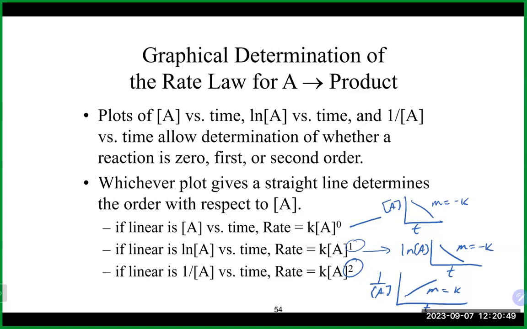You do a best fit line using Excel or something like that, and get the equation and the R squared value, which is the linear coefficient. Closest to 1 is perfectly linear. So the one that is closest to 1 in terms of its R squared value would be the one that's most linear. So you can graphically determine what the order of your reaction might be. Any questions on that there?